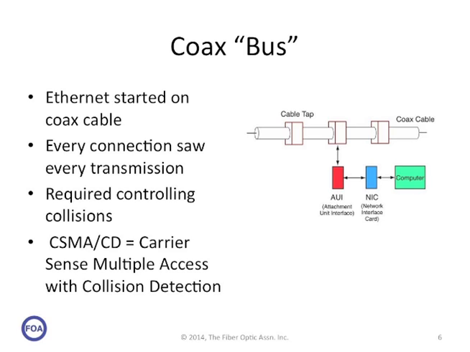So they developed an access scheme that's one of the great tongue twisters of all times, CSMA/CD, which stands for Carrier Sense Multiple Access with Collision Detection. A connected user on an Ethernet bus would listen to see if anyone else is transmitting.